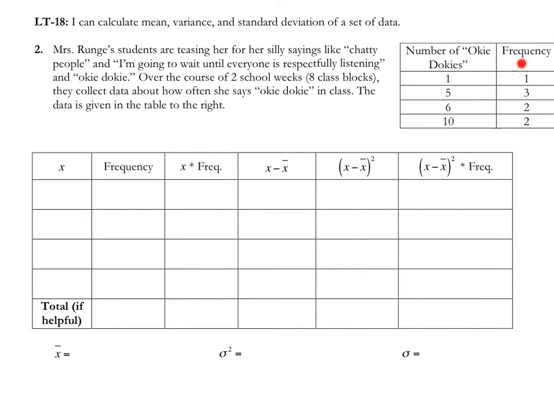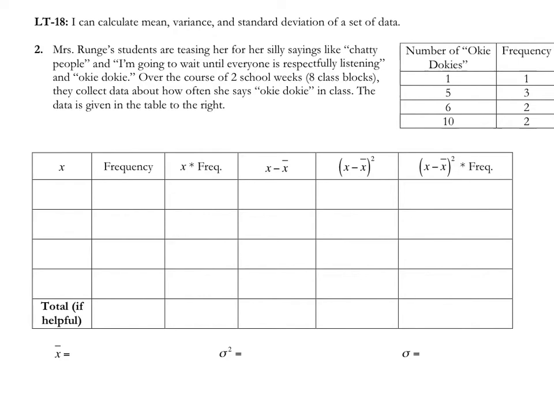However, the bigger the frequencies are, the harder it's going to be to do that. So basically what we're going to want to do to find the mean is take each of the data points, multiply by how many times that happens, and add all of those up, and then divide by the number of numbers that there are.